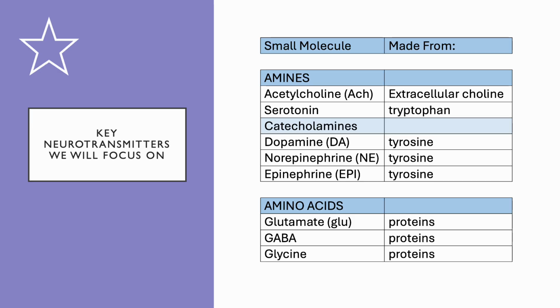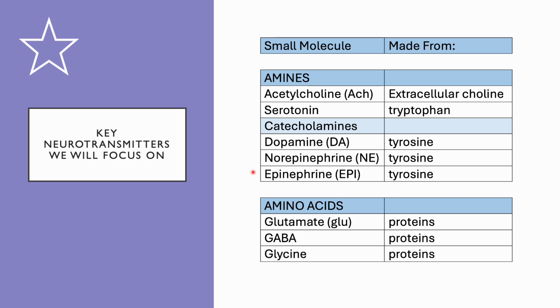Here are the key neurotransmitters that we're going to focus on in class. So although there are 3 different types which I've talked about, including amino acids, amines, and peptides, which are not shown here, I created this table for y'all because these are the ones that I want you to really focus on. We're going to talk about how each of these amino acid neurotransmitters are synthesized and how all of these different types of amine neurotransmitters are synthesized.